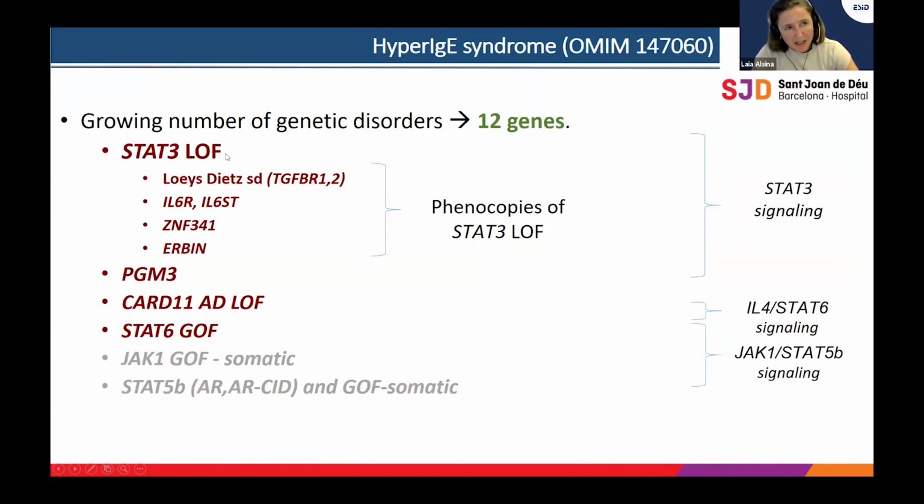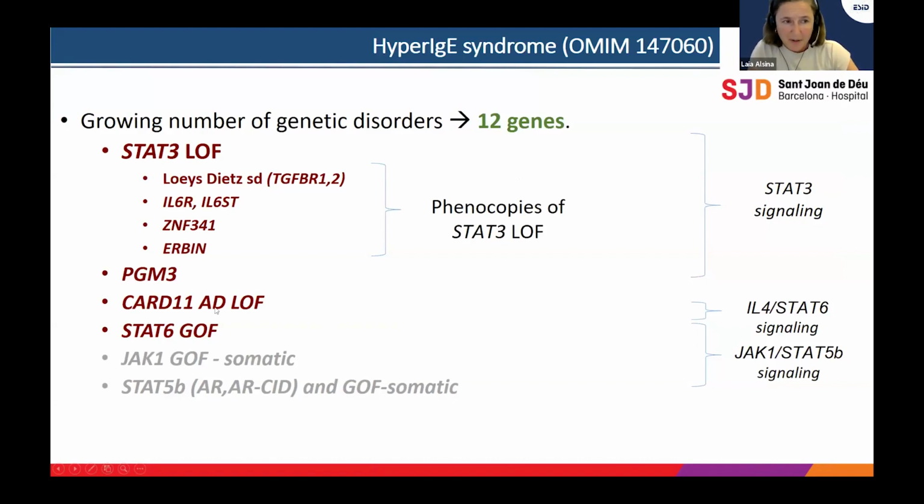So we have this STAT3 loss of function and all the phenocopies in which there are mutations upstream or downstream of STAT3, so if it's upstream, the phenotype can be stronger, and downstream it might be narrow. And so, but we have these phenocopies as well as PGM3 in which we have impairment of the STAT3 signaling.